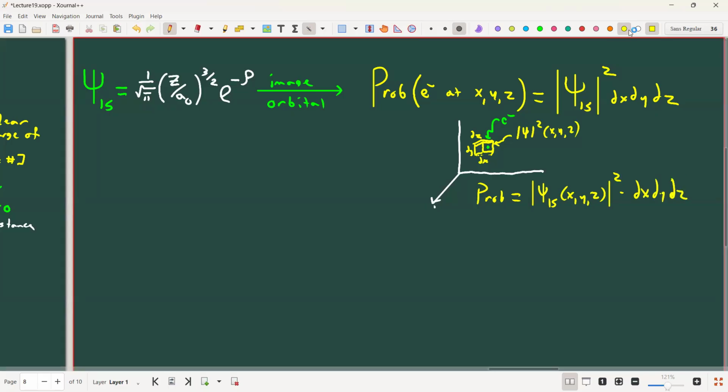We have this little volume element. All right, we'll call that dV.